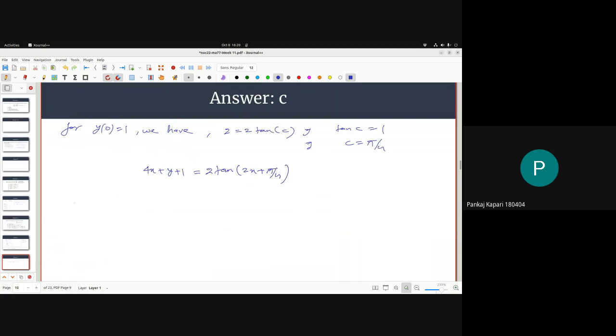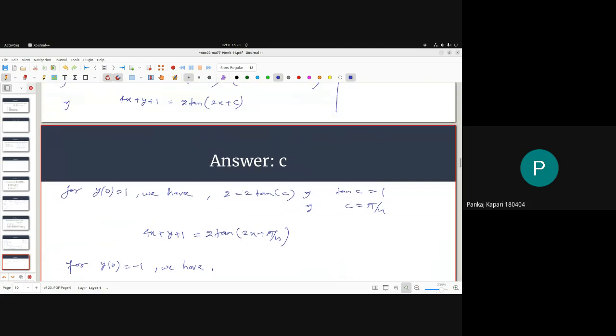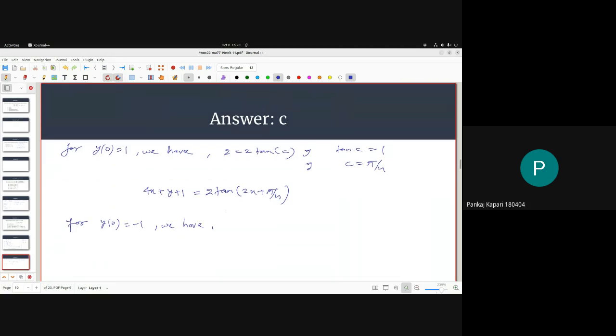And when y is minus 1 at x equal to 0, in this case we have again y is minus 1, so on the left hand side we have 0. So 0 is same as twice tan of c.